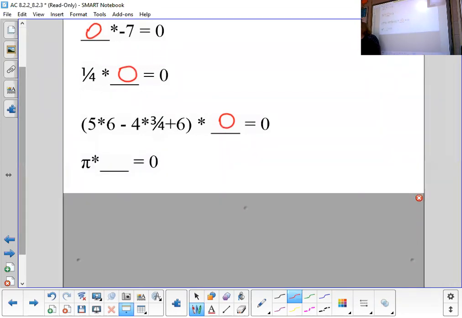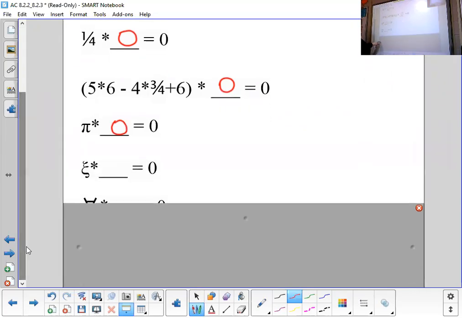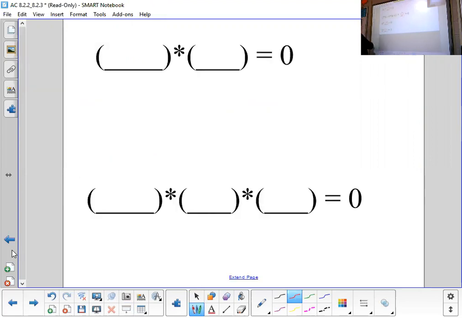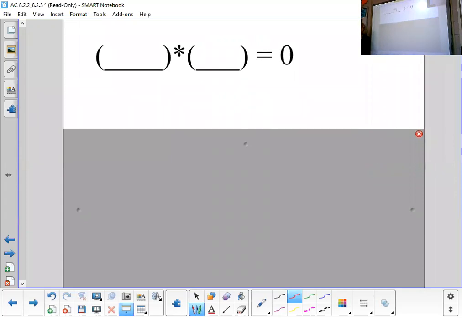What's my number? 0. So does it matter what I'm multiplying if my answer is 0? I don't know exactly what pi is, but when I multiply it by my number and I get 0, what's my number? 0.